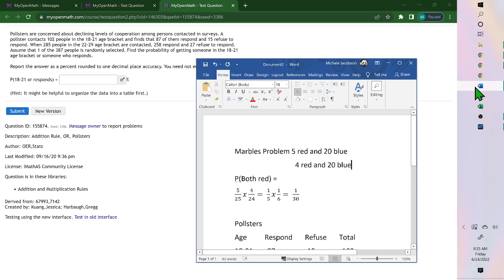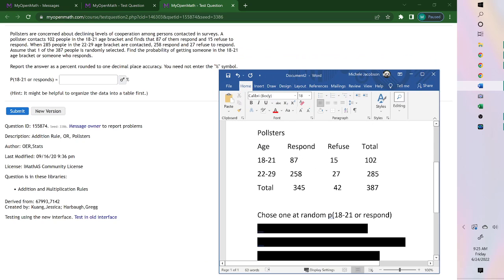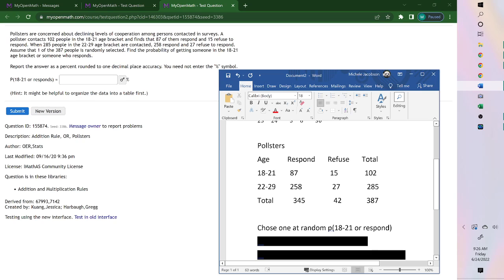The second problem. I made a contingency table just so we could have the totals and see it a little easier. Because they said a pollster contacts 102 people, so that's our total here, 102 in the age range 18 to 21, and 87 responded and 15 refused.